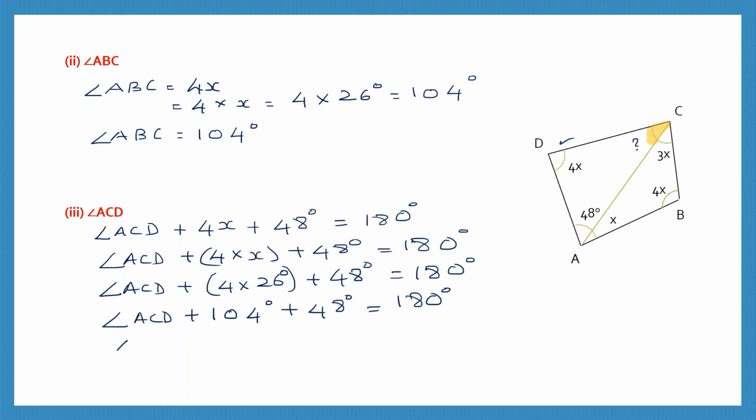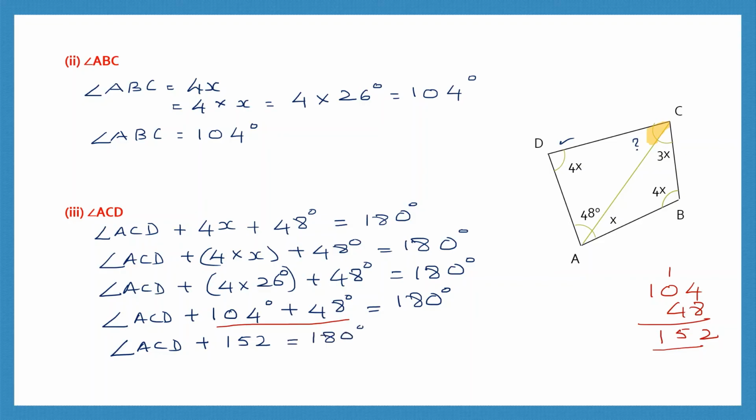Now to find angle ACD, we have to add up 104 and 48. 8 plus 4 is 12, carry 1. 1 plus 4 is 5, and 1. 152. So angle ACD plus 152 equals 180 degrees.